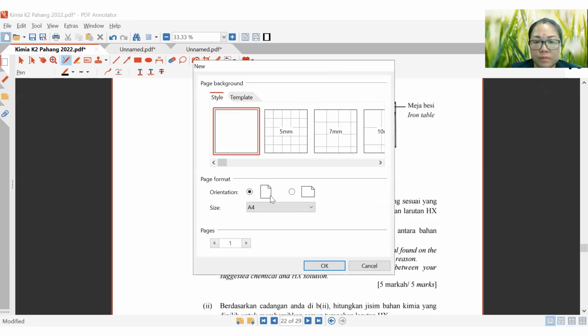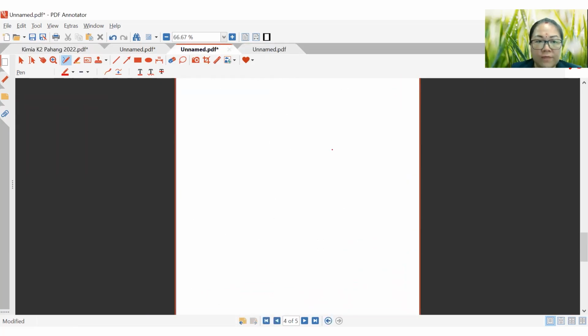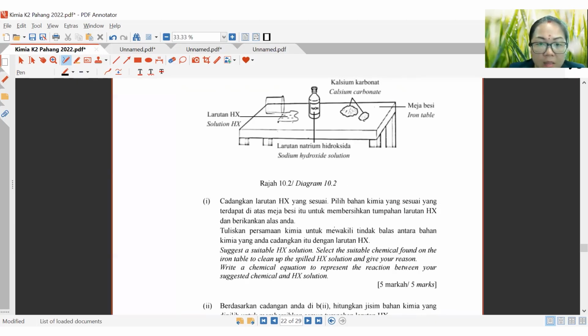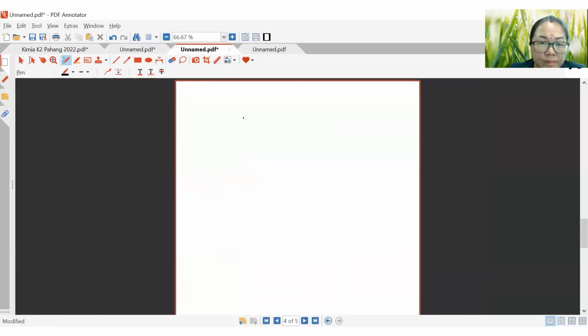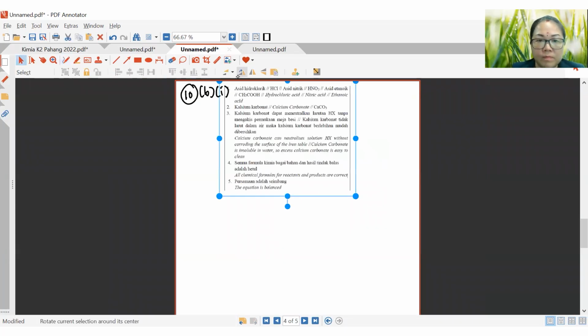Since we still have space here, we continue with question 10 B1.